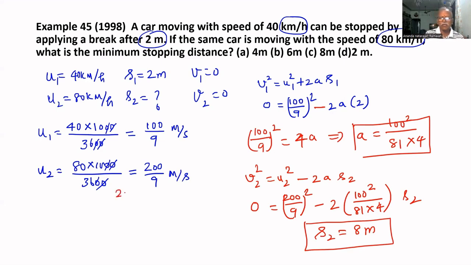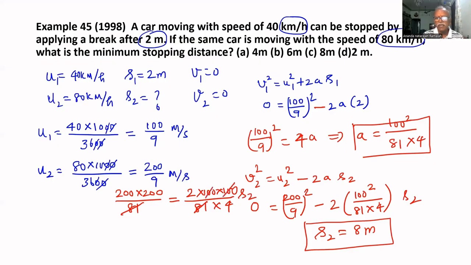So 200 multiplied by 200 divided by 81 equal to 2 multiplied by 100 multiplied by 100 divided by 81 multiplied by 4. 81 getting cancelled.